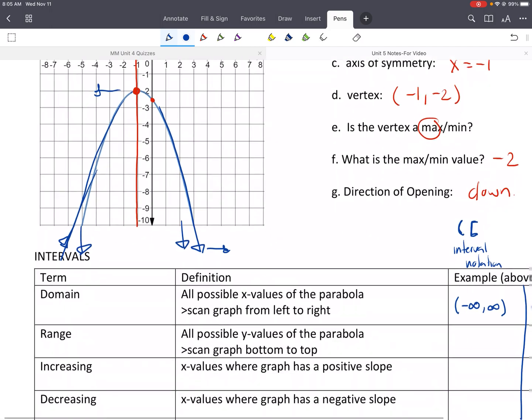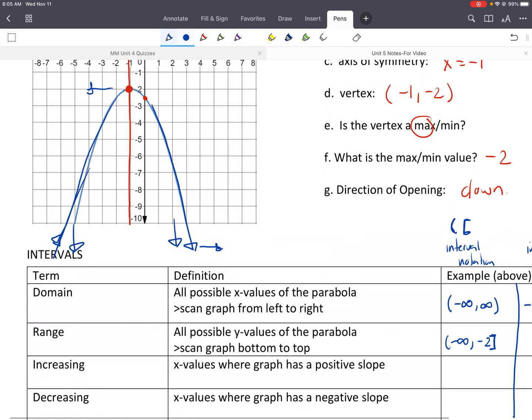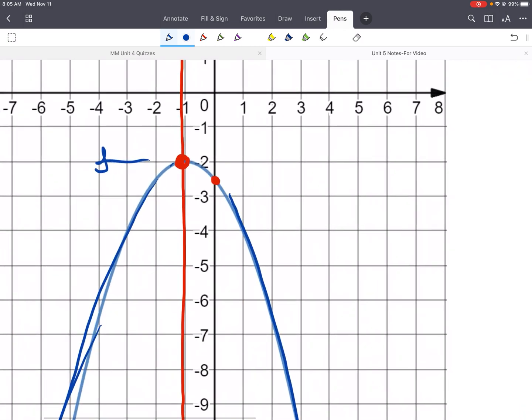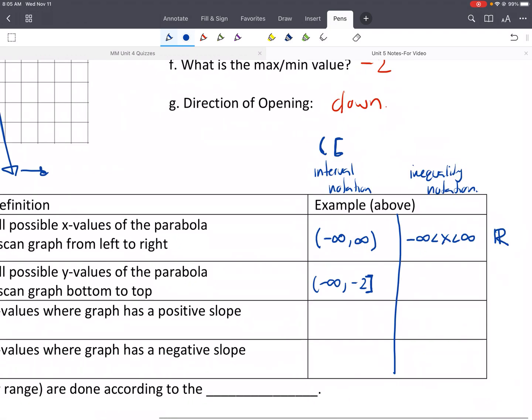So our interval here would start at -infinity and go all the way up to -2. We use a bracket at this point because that includes the value. The parabola includes -2. We don't use brackets for infinities because infinity isn't a number. It never reaches a single point, if that makes sense.